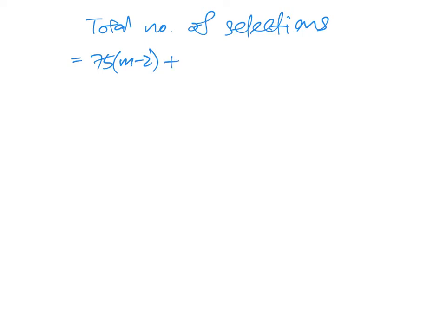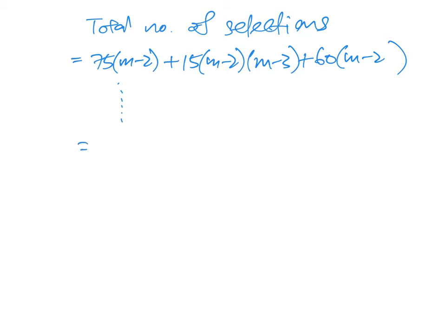In this case, the total number of selections is given by 75 times of n minus 2 plus 15 times of n minus 2 n minus 3, and the last case is 60 times of n minus 2. I'll leave it to you to further simplify this expression, and we can leave it in a very neat factorized form, which is 15 times of n minus 2 n plus 6, and hence the value of k is 15.